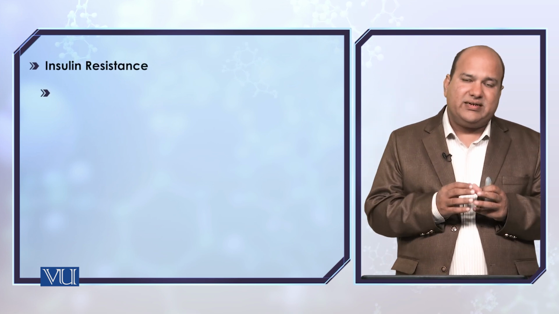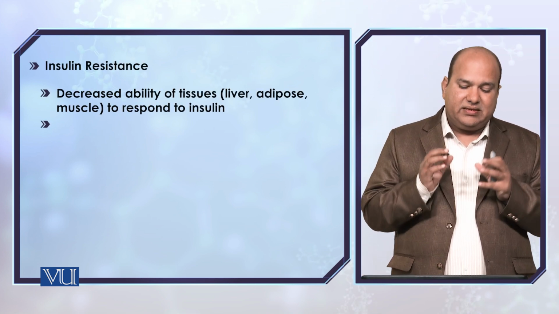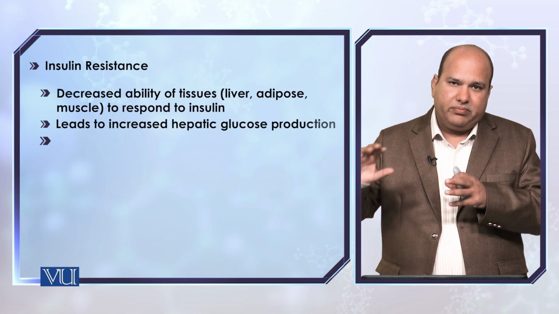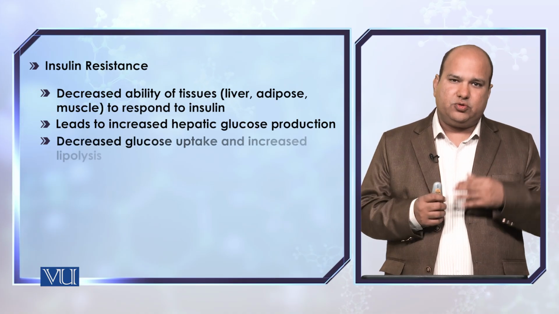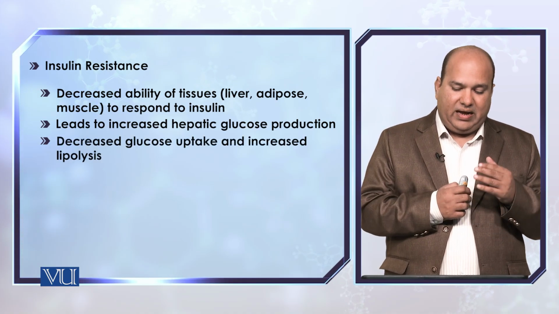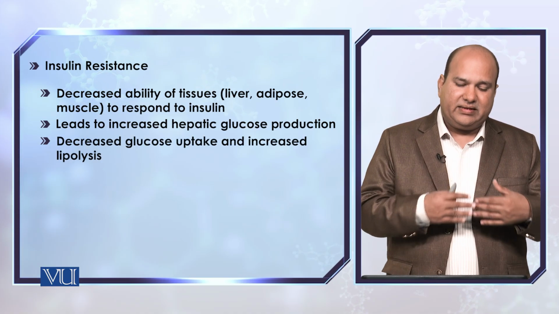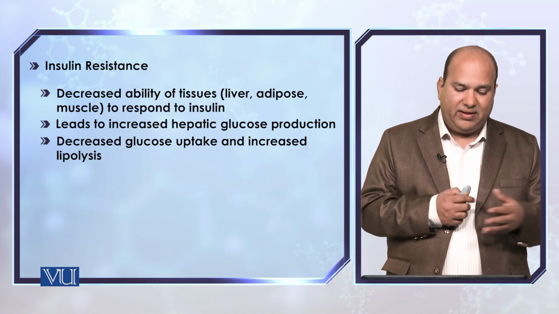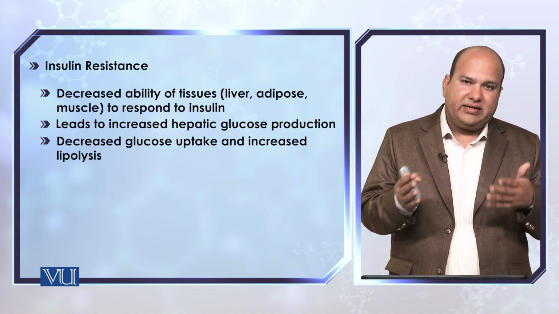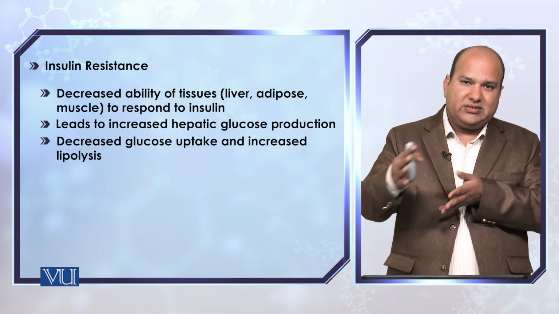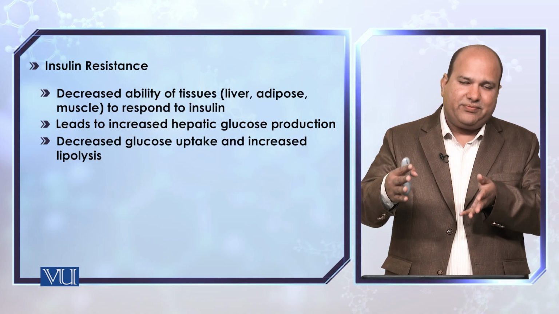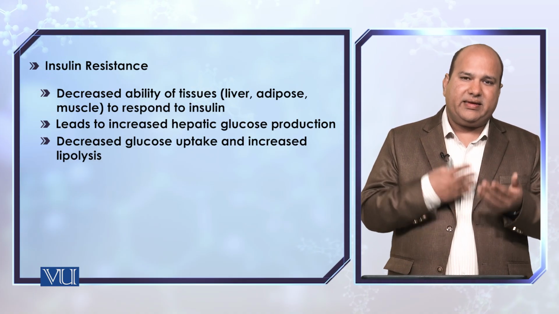So insulin resistance is a decreased ability of the tissues to respond to insulin, and there is an increase in the glucose level and a decrease in the uptake of glucose, because the major function of insulin is the uptake of glucose.